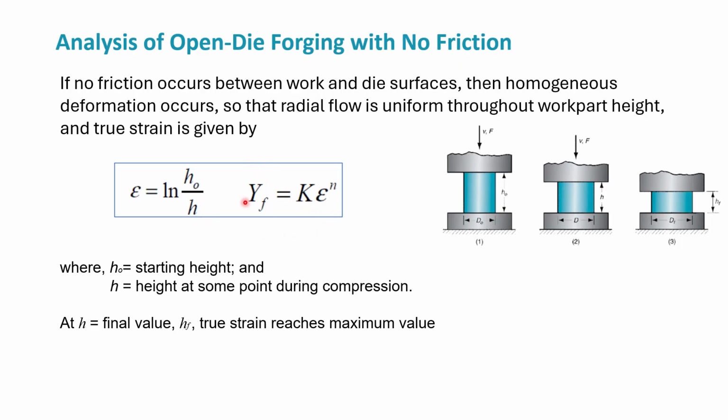The flow stress is equal to the K value multiplied by the strain to the power n. Here Ho is the starting height, and H is the height at some point during the compression. H can be the final height, Hf, where the true strain reaches its maximum value.